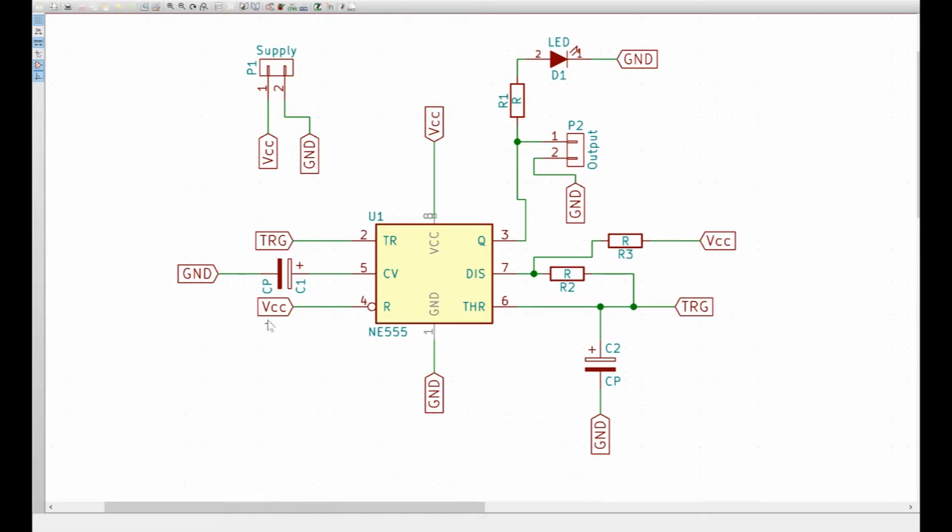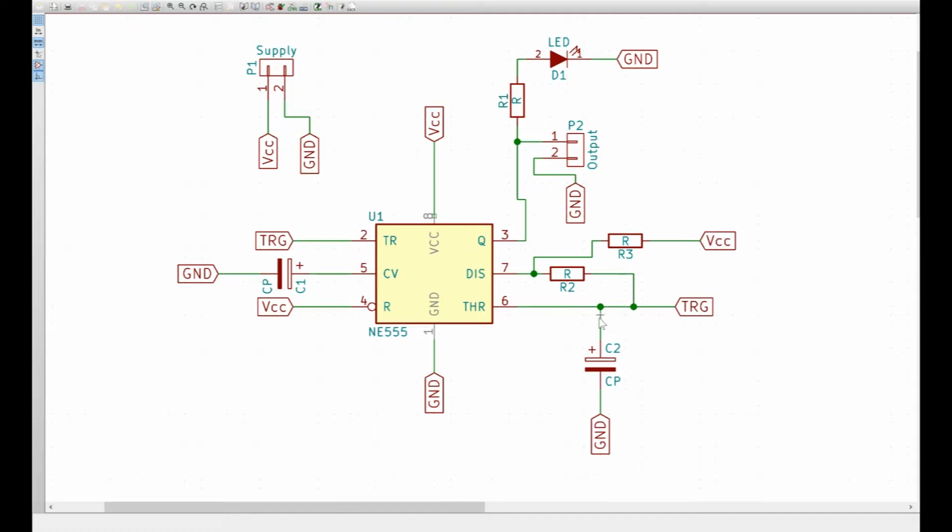The difference, however, now is that earlier we used to have a trigger button, which is now replaced by a connection which is over here. So TRG over there actually means that this gets connected over here. What we had seen before was that the discharge pin, the pin 7 of the 555, was connected with the pin 6, the threshold, and then we had an RC circuit in series.